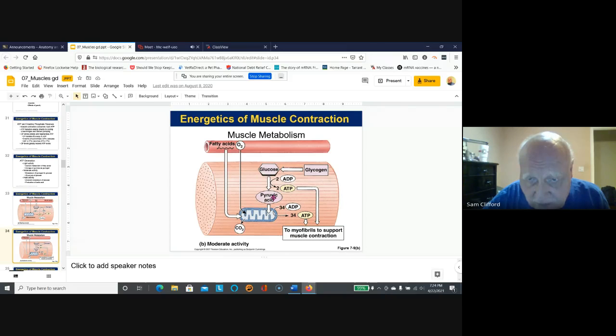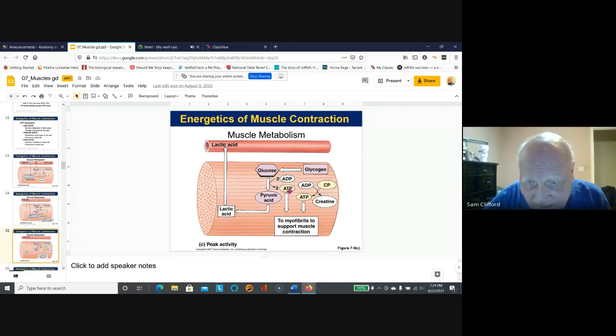We're not going to get into pyruvic acid. What you should know is that the energy for skeletal muscle contraction, and all muscle contraction, is a result of the energy produced by the food you eat, from fatty acids, glucose, and so on. So the bottom line is that glucose, fatty acids, and lactic acid are going to produce ATP. That ATP is going to be used to energize the myosin head, which binds to the myosin binding sites on the actin, and that's going to cause contraction.